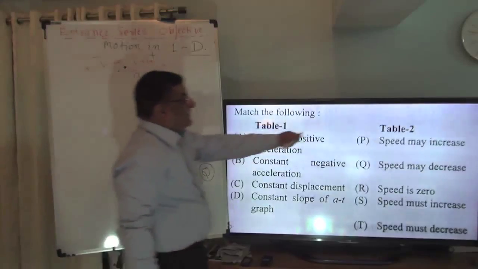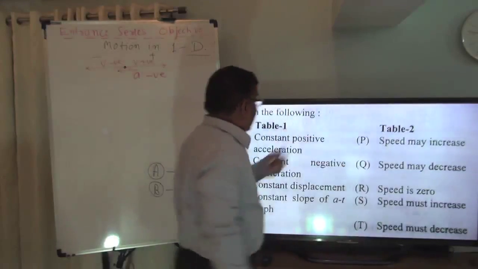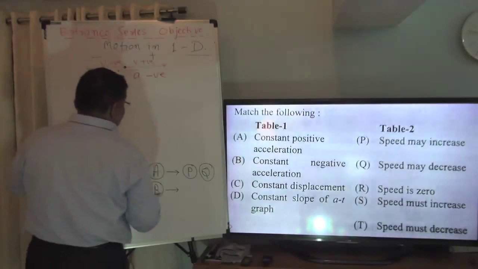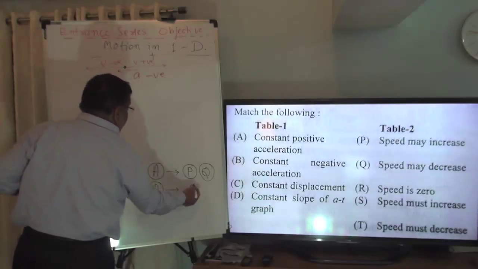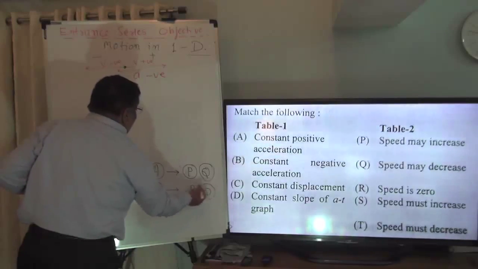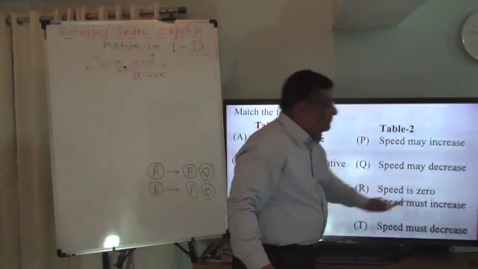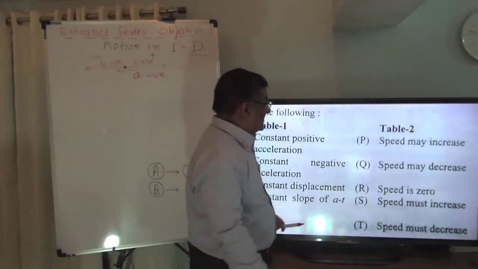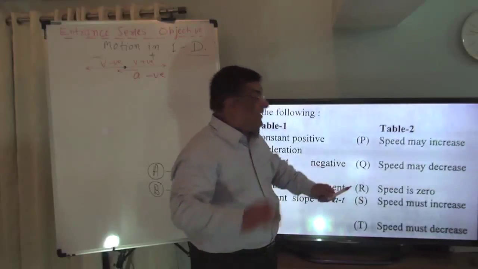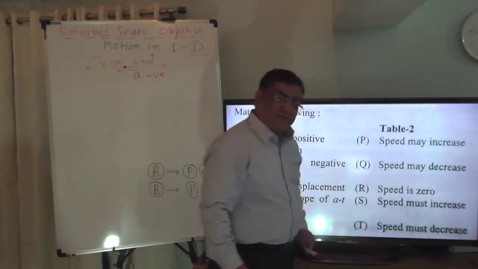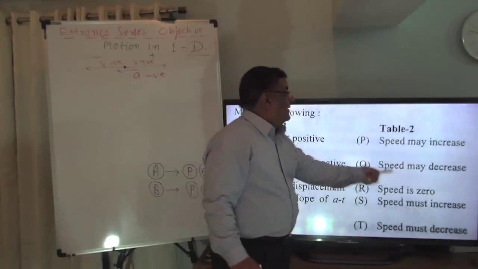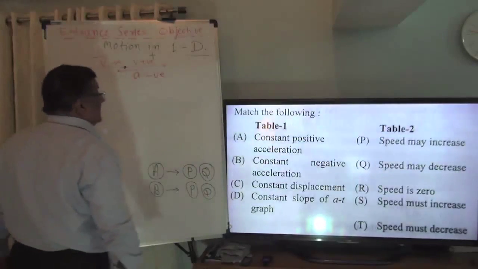So speed may increase, speed may decrease. Again, we get the same thing, P and Q. If there had been one definite answer, we would use must. If there is no change in velocity or the speed will become 0, then we will use this. But it may increase, it may decrease, so it is again P and Q.